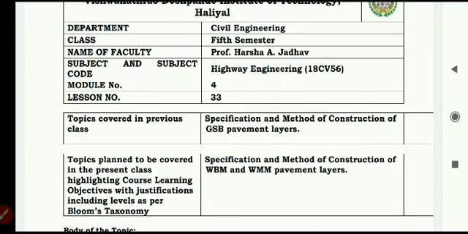If the value you get in the laboratory is lesser compared to the standard recommended values by the Indian Roads Congress, that is IRC, then that type of aggregate is nowhere used for the construction of highways. This is the meaning of specification.